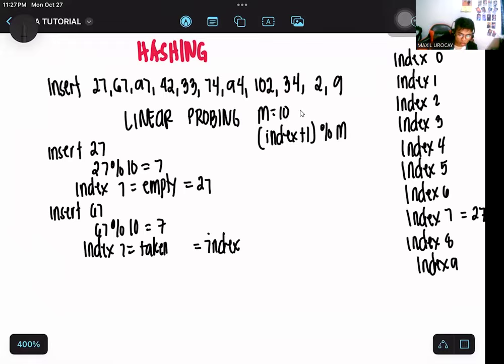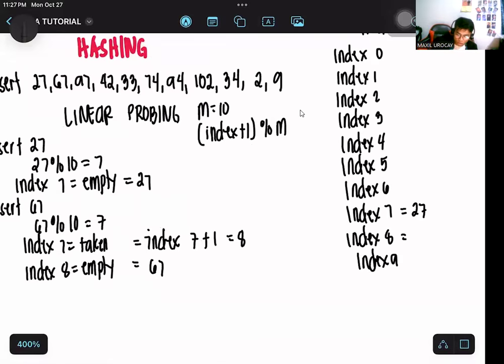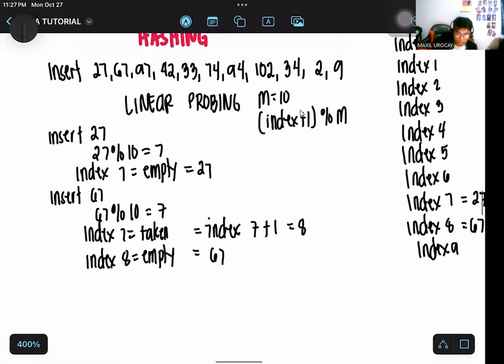Index 7 plus 1 equals 8, will become index number 8. And is it empty? That is empty. So therefore, you will store the 67. So right now, 67 will be stored here in your index number 8.